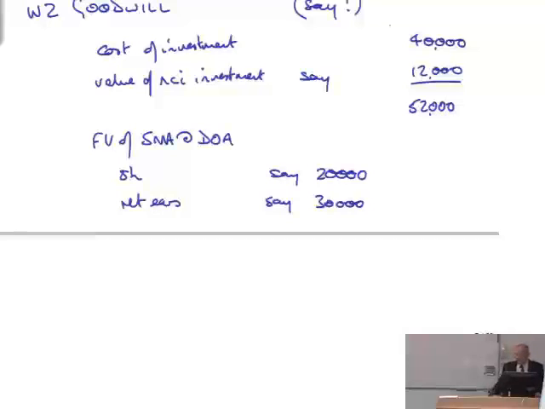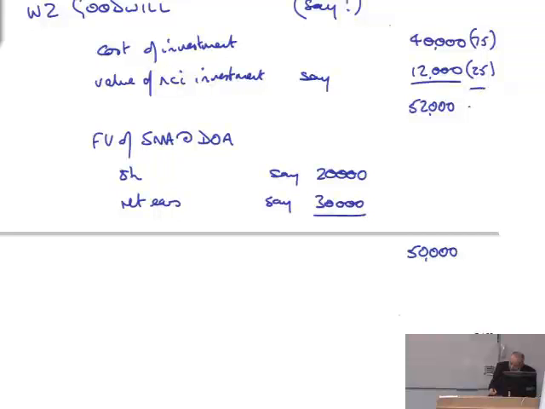The fair value of these net assets at date of acquisition, 100% of the subsidiary's net assets, is therefore going to be compared with our valuation of 100% of the subsidiary, 52,000. That was how much we paid for 75. That's how much the examiner will tell you was 25's worth.